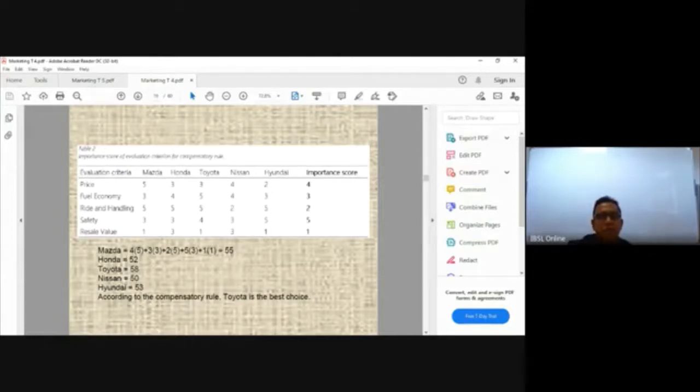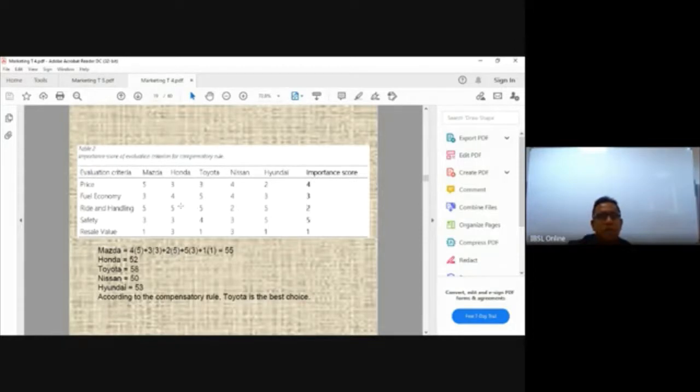Say for example, for Mazda, the weightage is 4 for price, and the score is 5. So 4 into 5, 20, plus fuel economy, weightage is 3, 3 into 3.